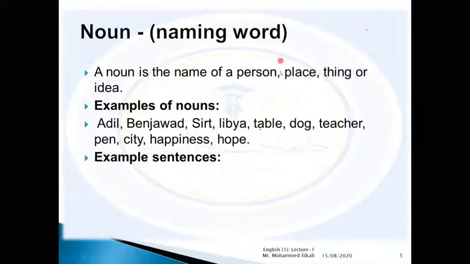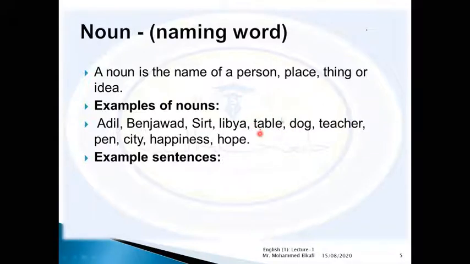For place, we can say, for example, bin Jawad, Sirte, Libya. Name of place also can be university, school. Okay. Thing, like what?